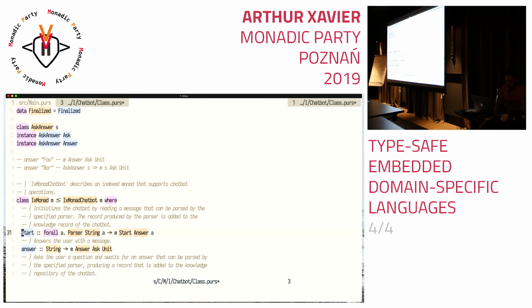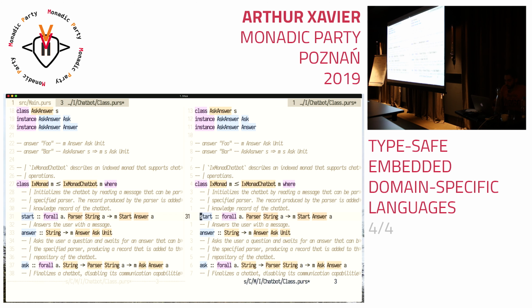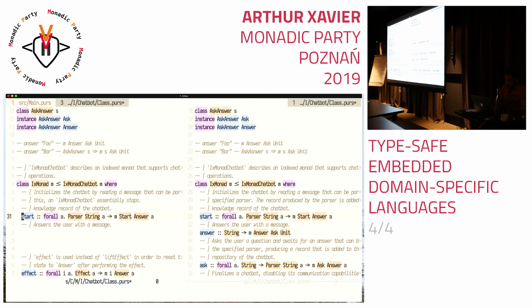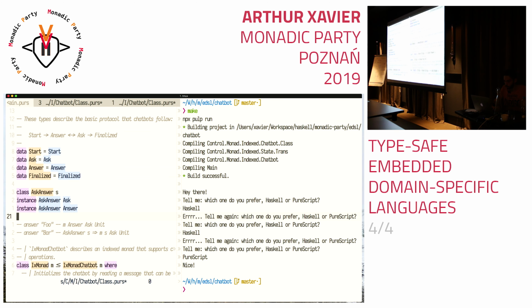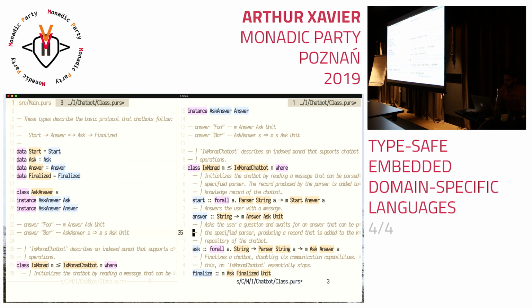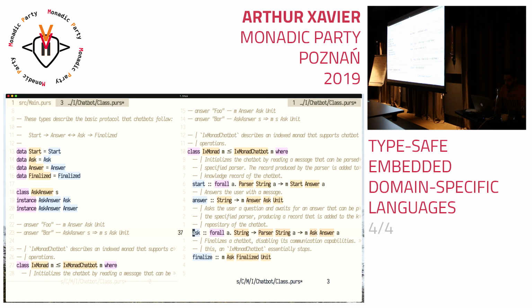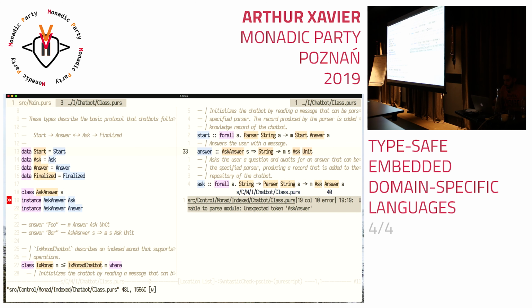Okay. So now what we're left to do is just change our combinators to use these classes. We want to do that first to the answer stage, just so it stays simple at first. So we need an AskAnswer constraint here, and that's it. I think this is going to work. Let's try. Name the instance. Oh yeah, this is PureScript. Thanks.